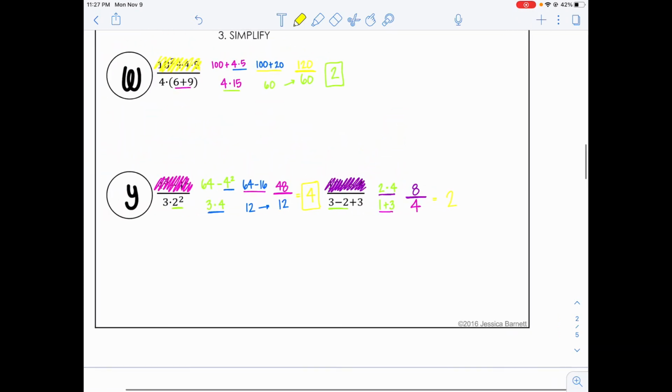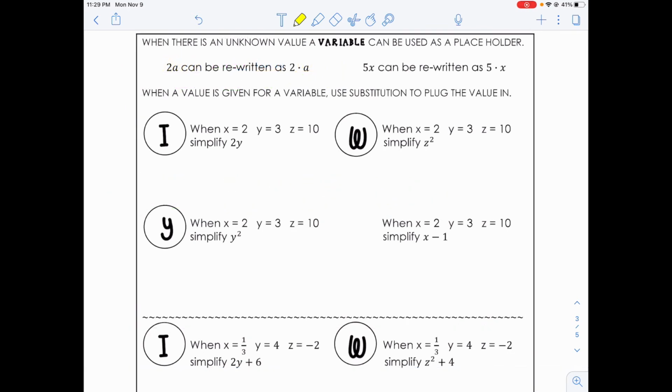All right, go ahead and turn it over to the next page. When there is an unknown value, a variable, a letter, can be used as a placeholder to represent that quantity. When you see 2a, it is implied that it is multiplication.